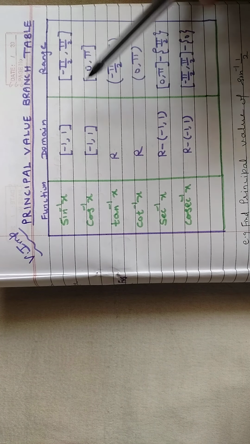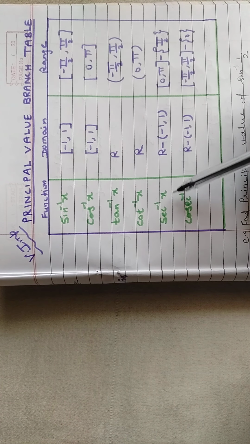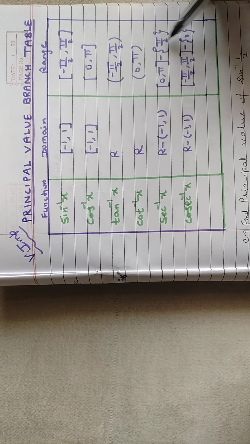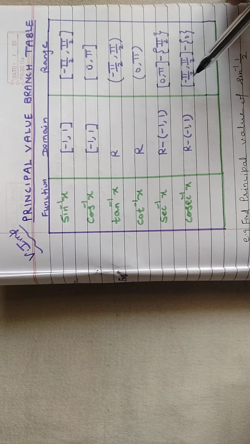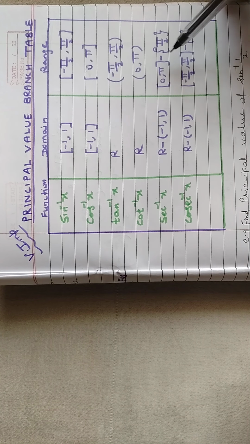For tan inverse x, the range is same as that of sine inverse, but it will be an open interval. Similarly, range of cot inverse x is 0 to pi but with open interval. Secant inverse x, whatever is the range of cos inverse x, you have to write, but you will not include the point 90, because at 90 secant is not defined.